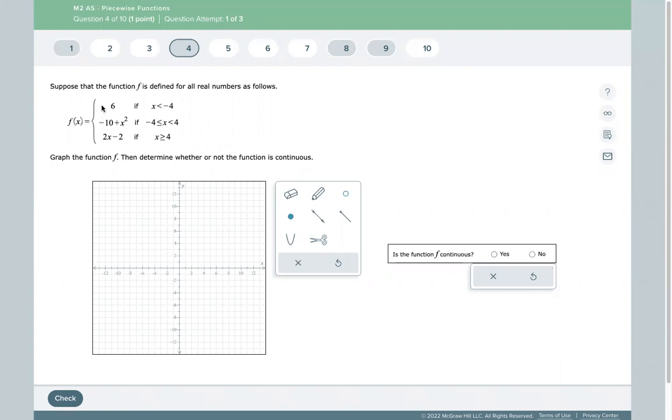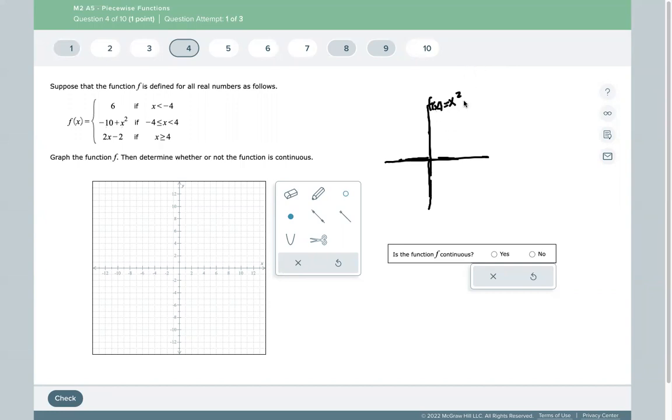So let's start with the quadratic, which is right here. If you remember, the quadratic function is the parent function. Let's try to recall how the parent function f of x equals x squared looks.